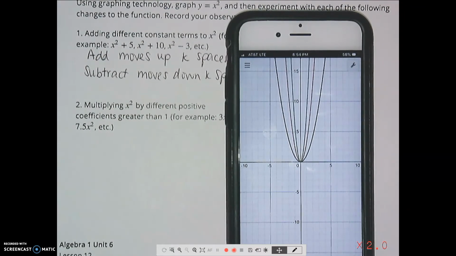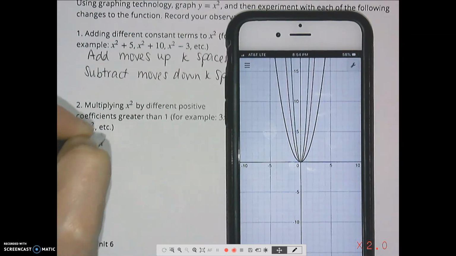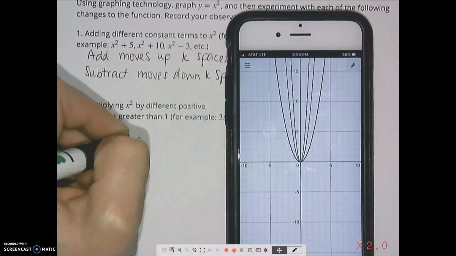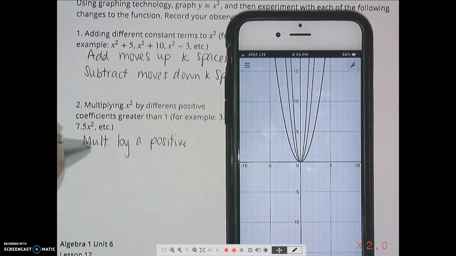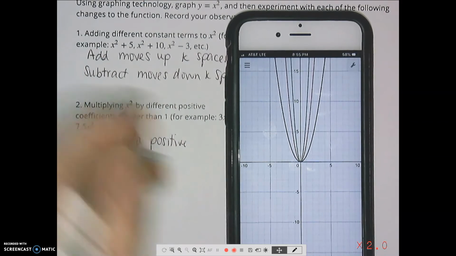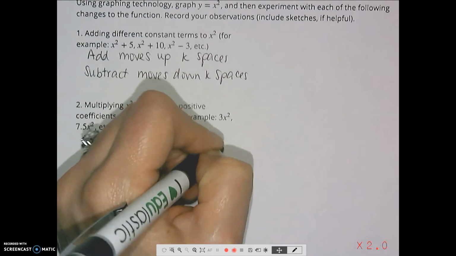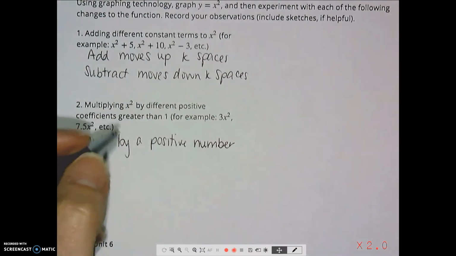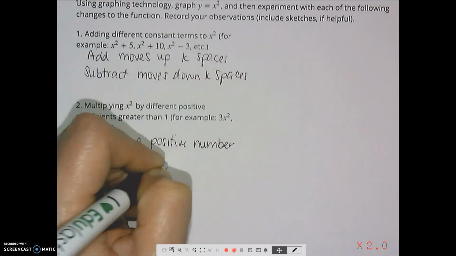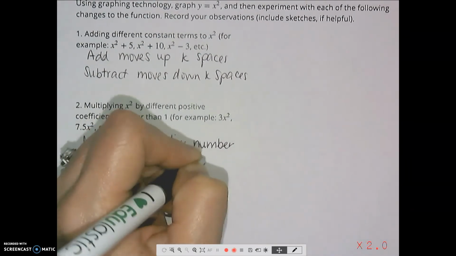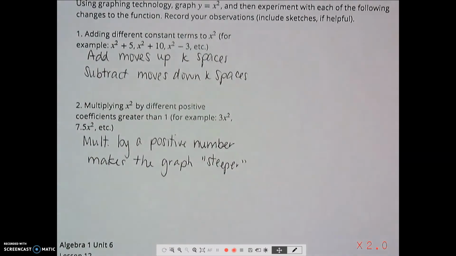Okay, so what's happening here? Multiplying by a positive number makes the graph steeper, or you could say skinnier.